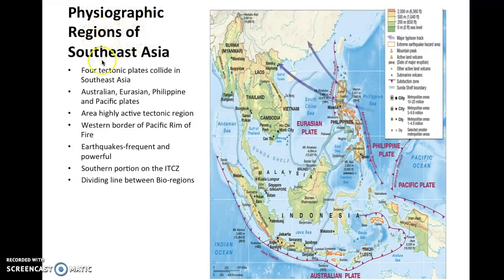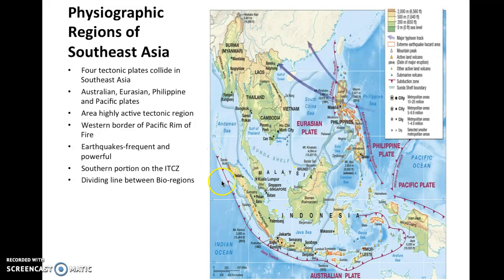Physiographic regions of Southeast Asia. Four tectonic plates collide in Southeast Asia: the Eurasian plate, which is up here, the Philippine plate, right over here, the Pacific plate, and the Australian plate, which is down here slamming into it. The Australian plate is moving north, and it's pushing these islands along here up.